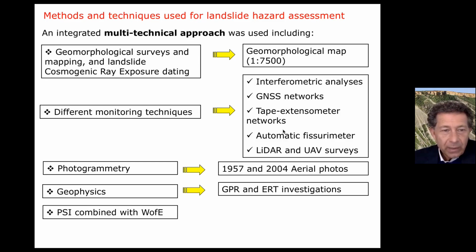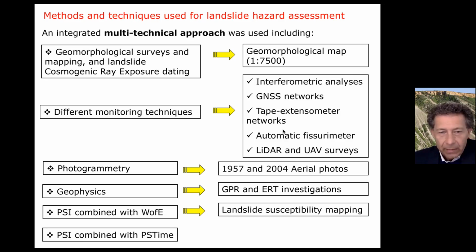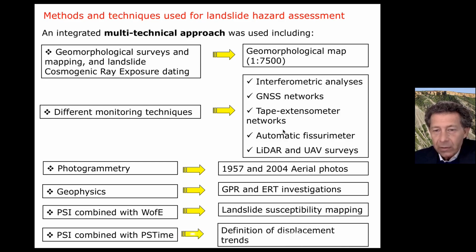We also used permanent scatter interferometry combined with the method of weight of evidence, and this led us to get to landslide susceptibility mapping. So PSI combined with PS time enable us also to define the displacement trends.